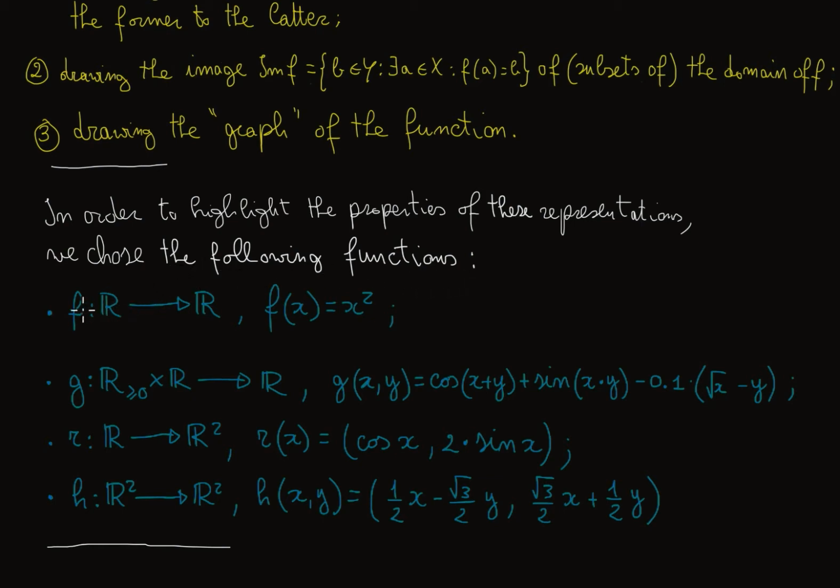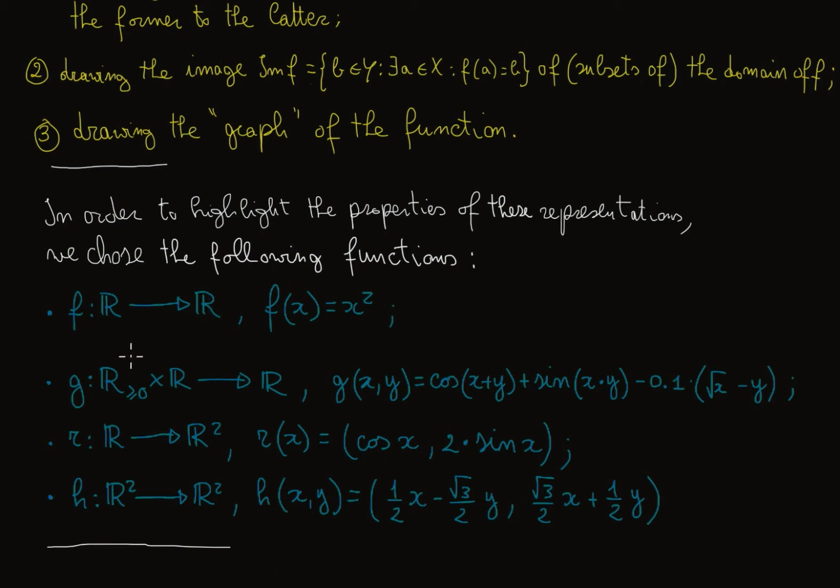The first one we call f, and it is a function from the real numbers R to the real numbers R. So the domain is R and the codomain is R also. It is defined commonly as f of x equals x squared, meaning that for every number x in the domain, f associates its square in the codomain.